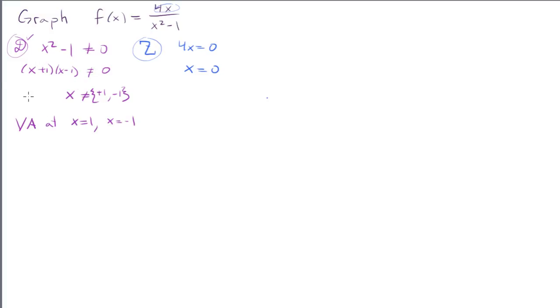What about horizontal asymptotes? Well, x over x squared reduces to 1 over x. And that goes to 0 as x goes to infinity, and it's approaching it from the top, right?